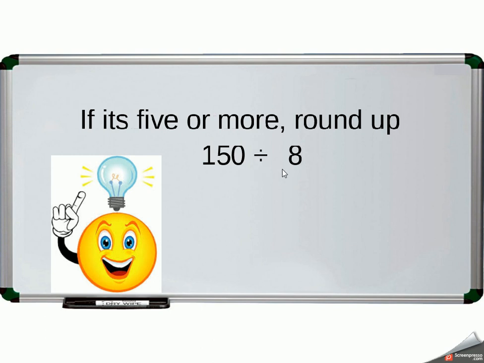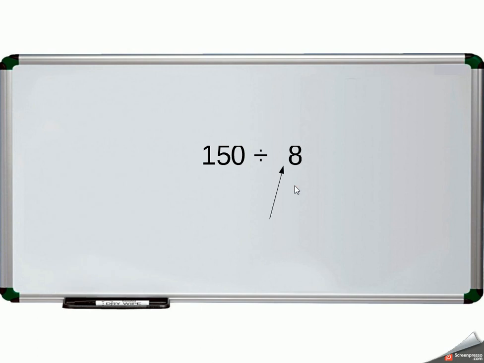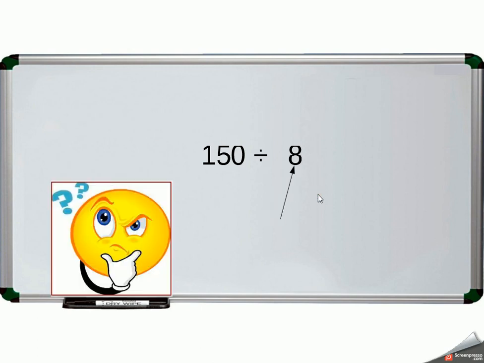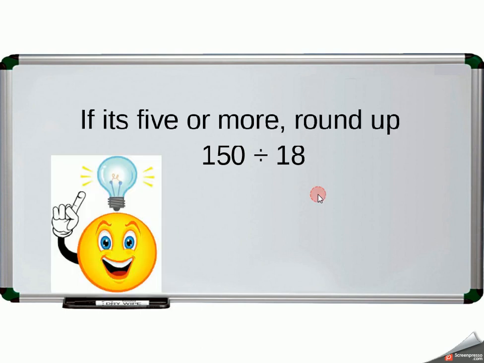It's easier because 150 is a nice even number and it's in tens, which sometimes makes things easier, but the 8 could still be awkward, so I'm going to round it up. I'm going to look at the number 8, and remember that if it's 5 or more, we round up.